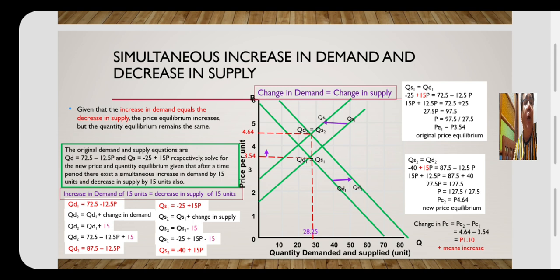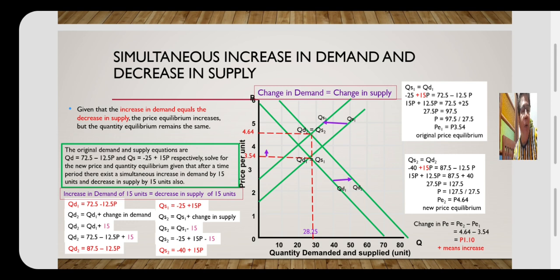Okay. So, using the same way as to how we solve for the price equilibrium based on previous computations, equating the new supply equation to the new demand equation will give us the value of the new price equilibrium.